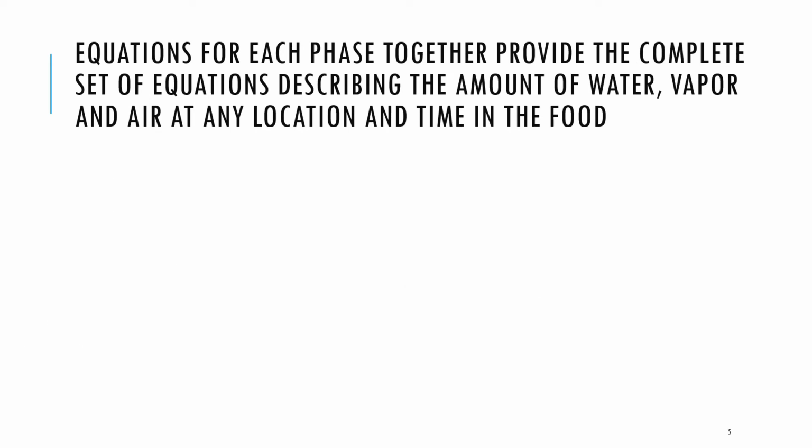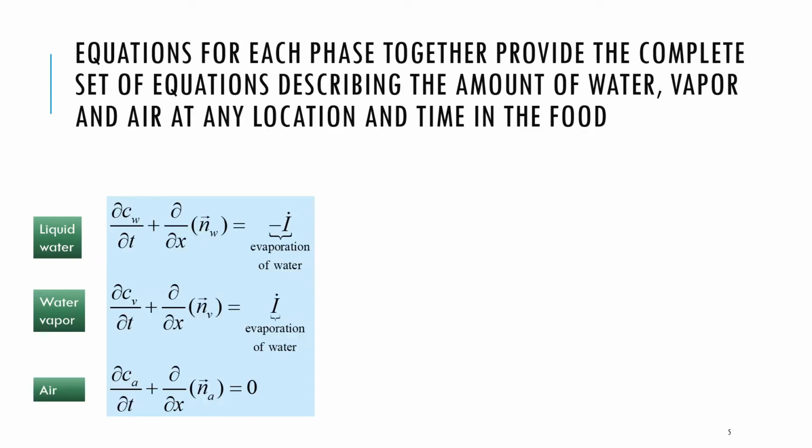So now we write the conservation equation for each phase or component: one for liquid water, one for water vapor, and one for air. It's the same equation but written for different phases or components.